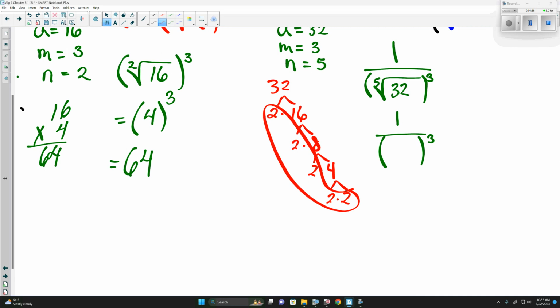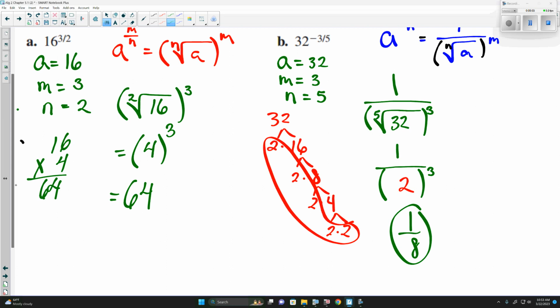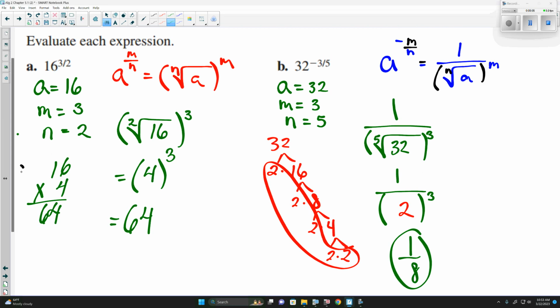So since we have 2 five times, the 5th root of 32 is indeed 2. And if we cube 2, we get 8, guys. So 32 to the negative 3/5 works out to be 1/8.